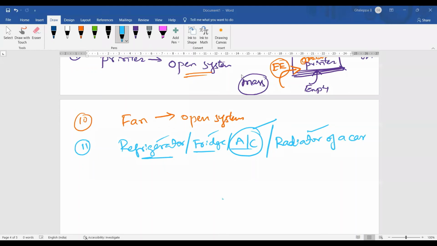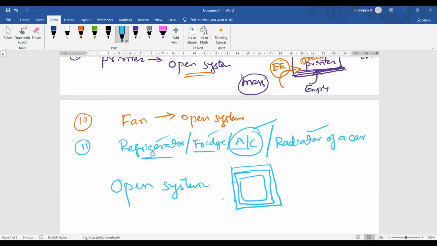Please justify your answer. Okay, one student is saying open system. Is there any other answer? Refrigerator means the fridge. Where is the question of mass exchange? Fridge will always be closed. Sir, electrical energy.